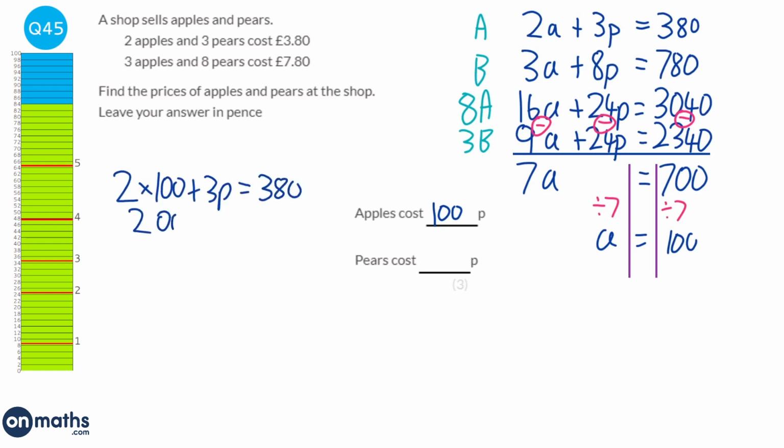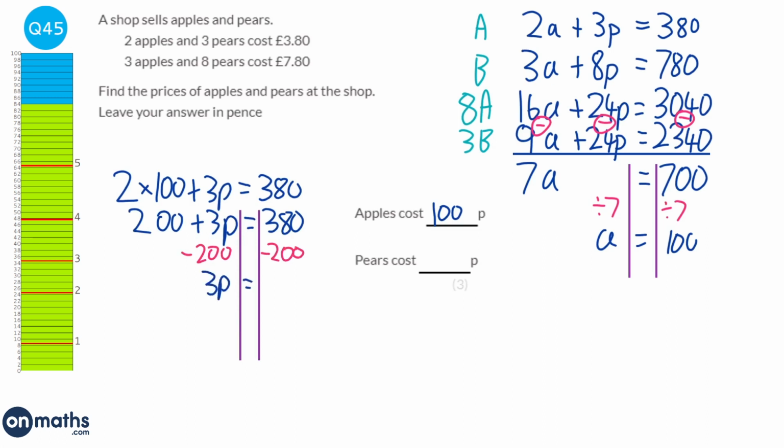Again, I'm going to draw my lines down, and we're going to subtract 200 from both sides. So it's going to be 3p equals 180. And then we're going to divide by 3 on both sides, and we've got p equals 60. So a pear costs 60.